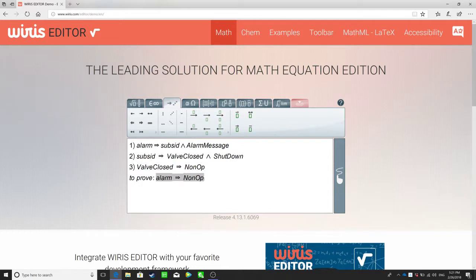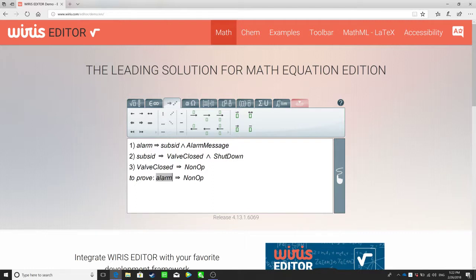What we already know are these expressions 1, 2, 3, and we know another thing: if the alarm command is activated, then it will be in the non-operational state.